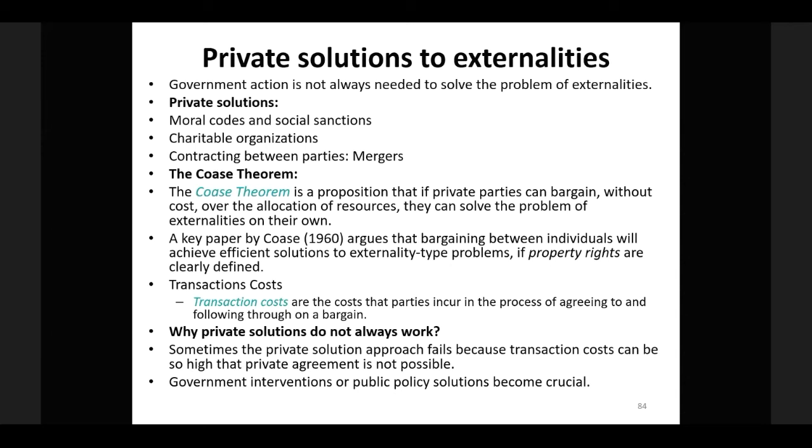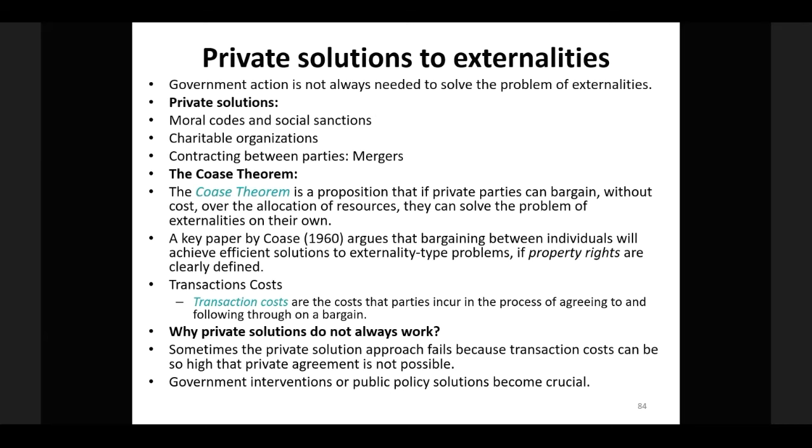Put differently, this was an idea of Coase, another researcher, who argues that bargaining between individuals will achieve efficient solutions to externality type of problems if property rights are clearly defined. But the hidden condition here is that the bargaining must not happen at a very high cost.